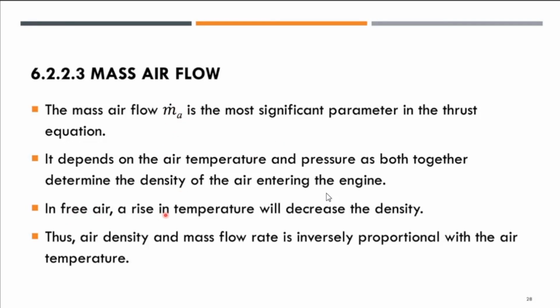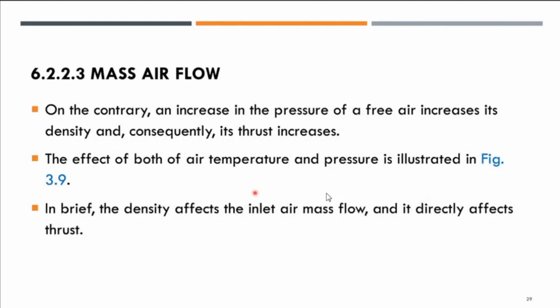In free air, a rise in temperature will decrease the density. Higher temperature, less density. Thus, air density and mass flow rate are inversely proportional to the air temperature. On the contrary, an increase in the pressure of free air increases its density and consequently thrust increases.